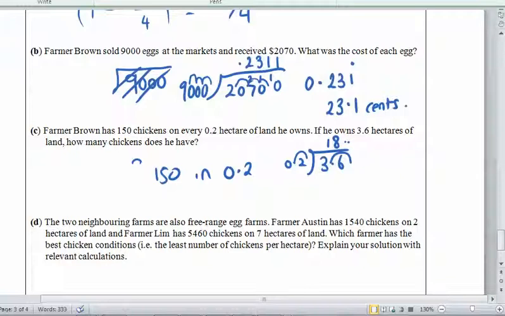So if he has 3.6 hectares, he has 18 times 150 chickens. 10 times that's 1,500. 1,200. 2,700. So he's got 2,700 chickens.